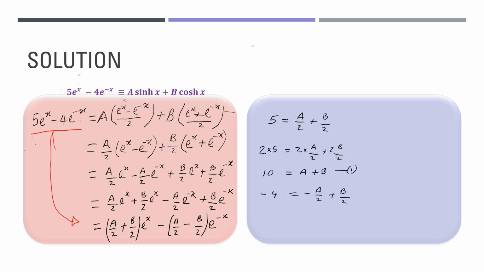Again, multiplying this by 2, we're going to have 2 into minus 4 equal to 2 into minus a over 2 plus 2 times b over 2, and this gives us minus 8 equals minus a plus b. Expression 2.